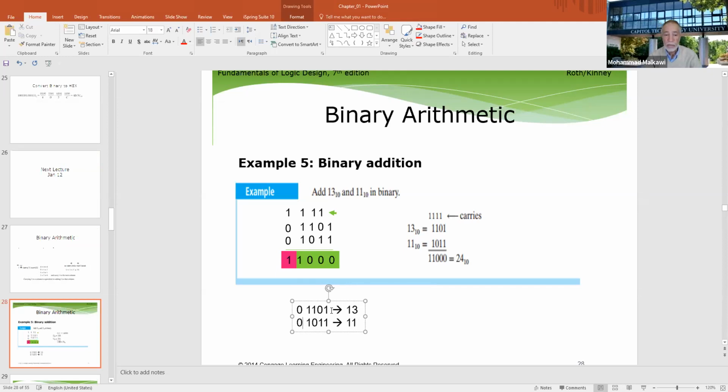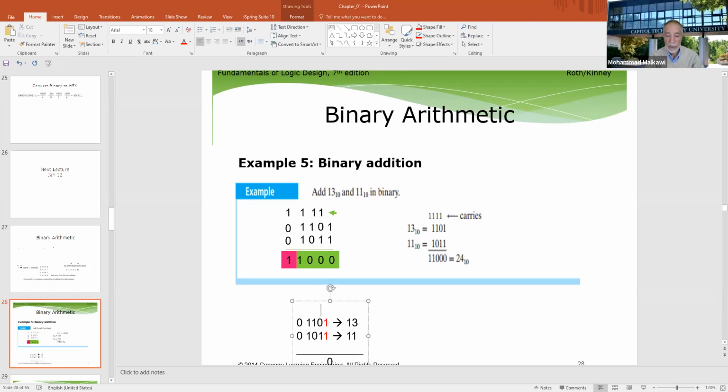So when we do the addition, I take this one plus this one. I know it from my previous slides, 1 plus 1 is a 0, and there is a carry. So this is a 0, and the carry, as we said, goes to the next stage.